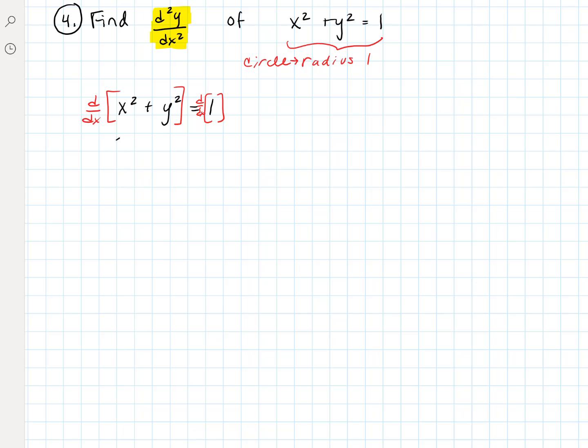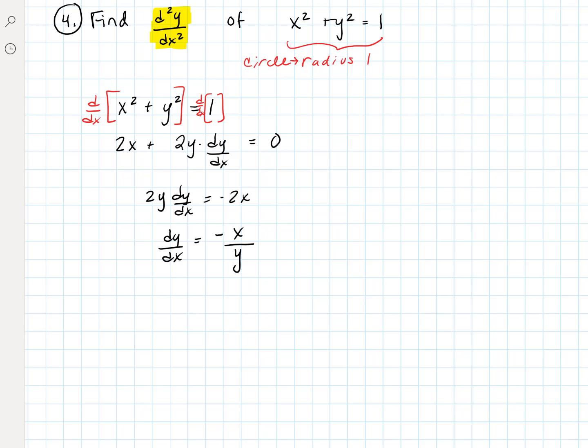So the derivative of x squared is 2x, the derivative of y squared is 2y, but because y is a function of x, we also have to multiply by dy/dx, and the other side, of course, is just 0. So as we solve for dy/dx, 2y dy/dx equals negative 2x, and dy/dx is equal to negative x over y.